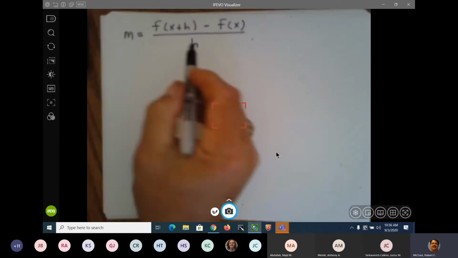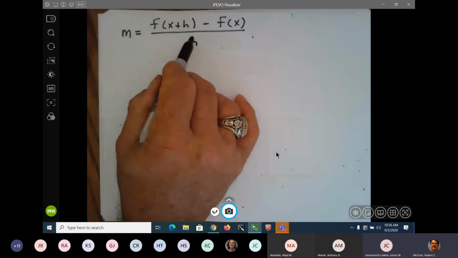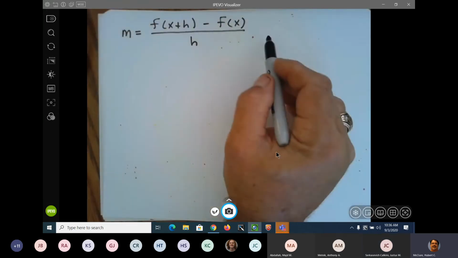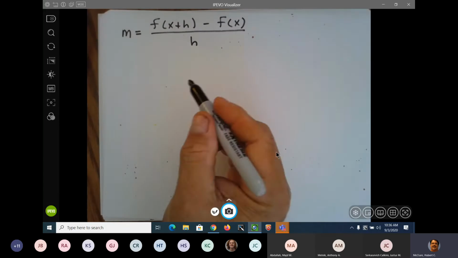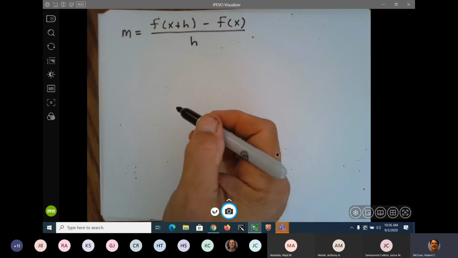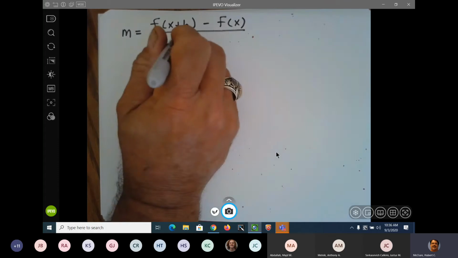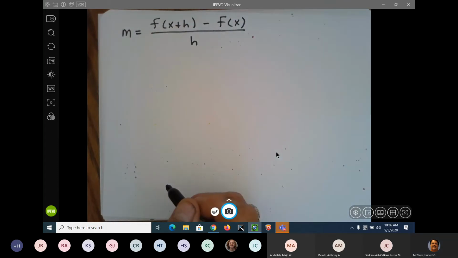And this little bit of algebra right here, plus the limit theory, is equal to calculus. And your unit 1 test is going to be based on this guy right here. Now, how do you use the difference quotient?